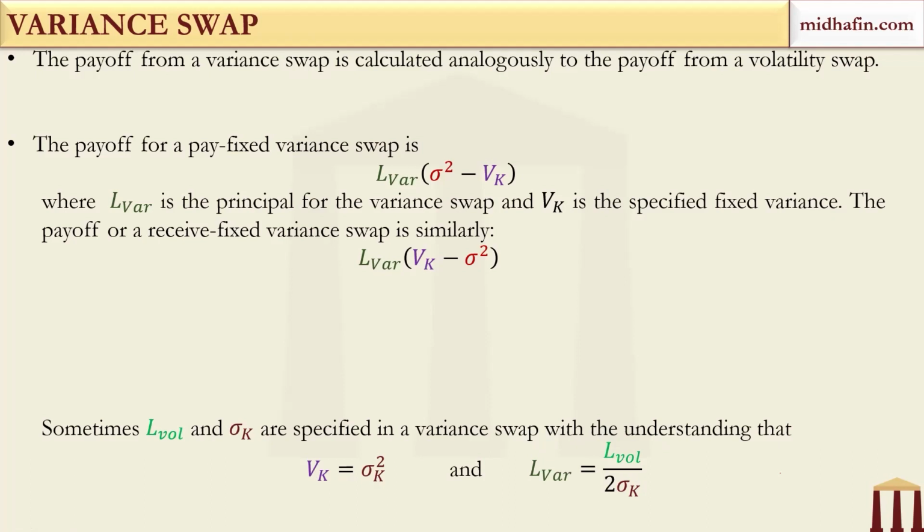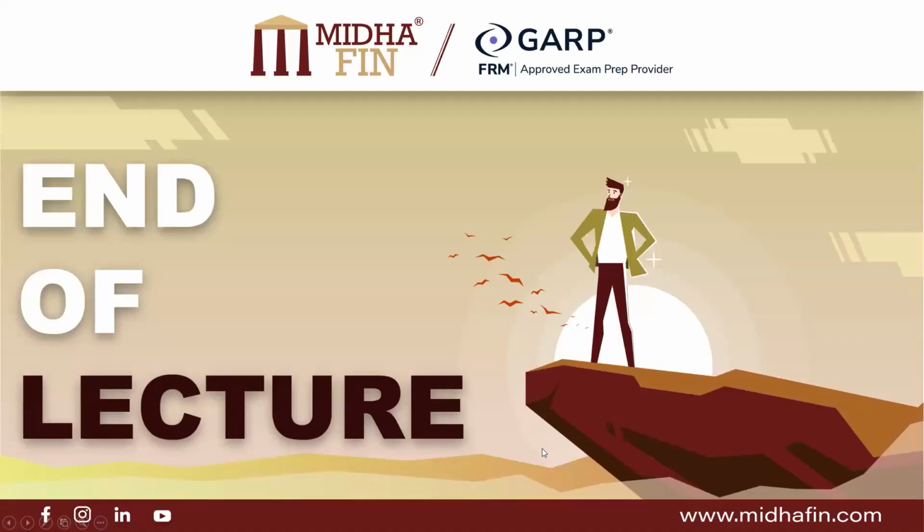This formula can be employed to find the volatility notional or the opposite, the variance notional. But in order to do that, you need to know the fixed volatility. Fixed variance is given, just take the square root of that and you get the fixed volatility. Then you take the volatility principal and divide it by twice the fixed volatility, and you get the variance principal. End of the story. That's the end of the lecture.